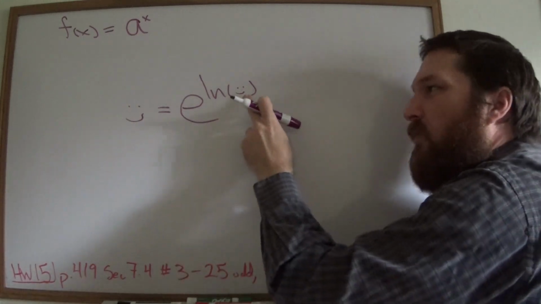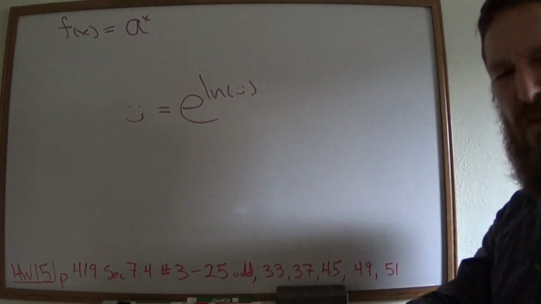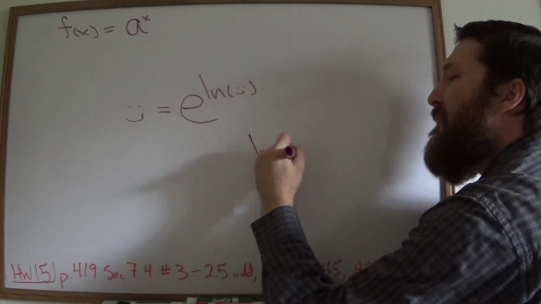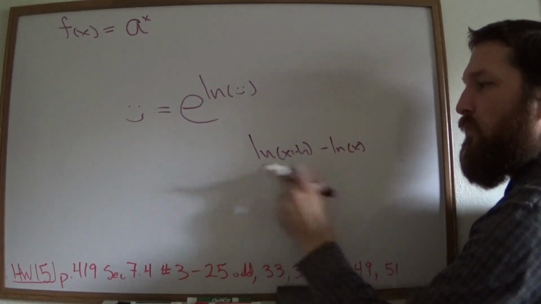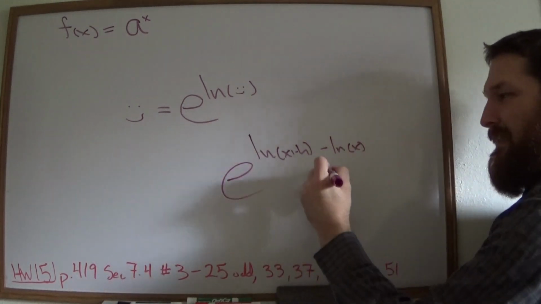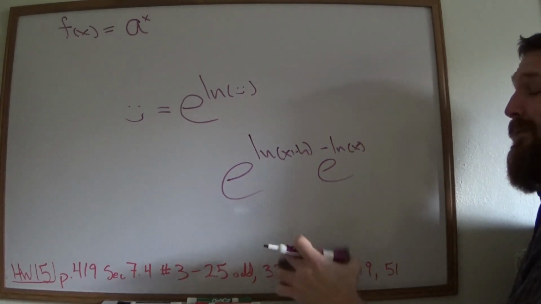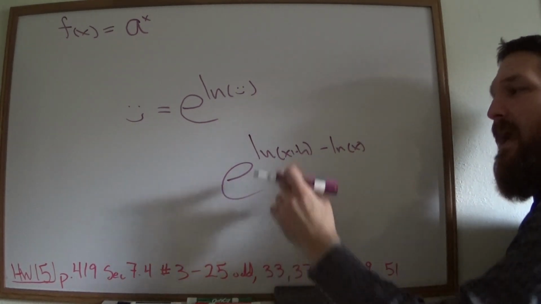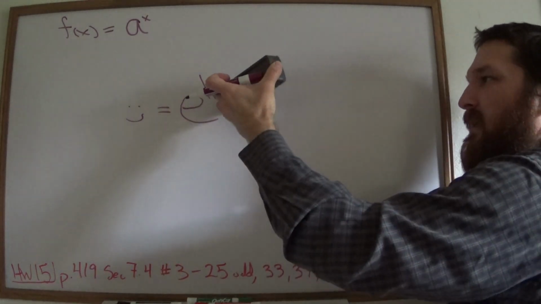No matter what goes into log, the way that you undo that is you take e. When we had this, you said that if you took e to this and e to that, it would undo all of that. This is the thing that undoes that.